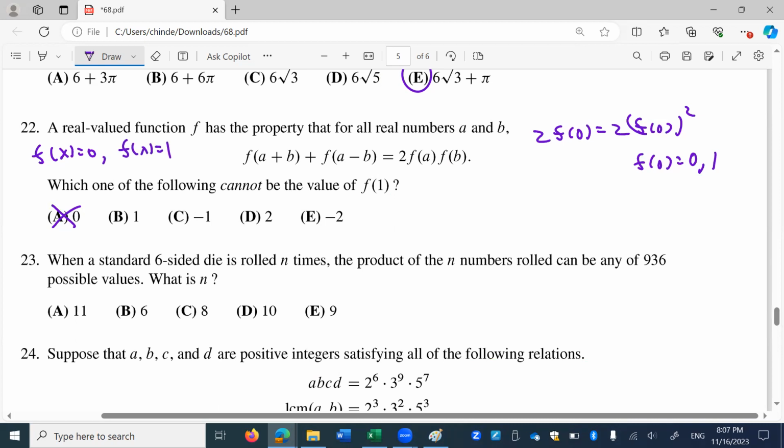Then we have 1 plus 1 equals 2 times 1 times 1. So that's also kind of trivial, but I can quickly eliminate 2 possibilities. It's getting late in the test. If I feel like I want to guess, then guessing out of 3 is not so bad. But okay, we can do better, I think.